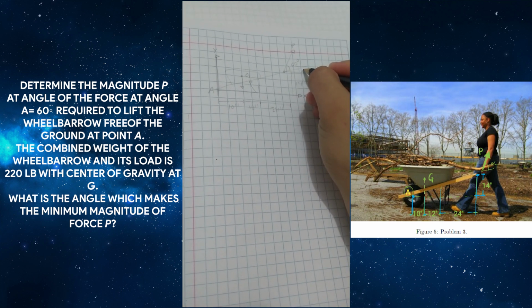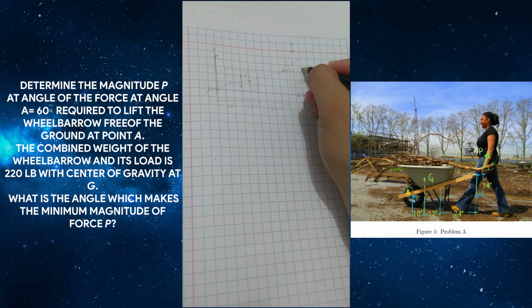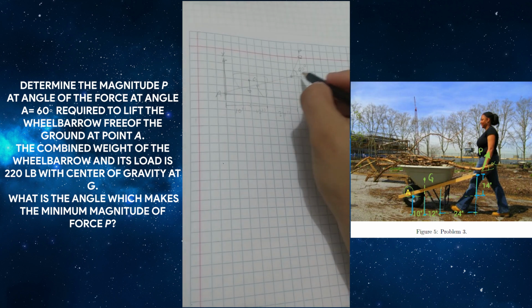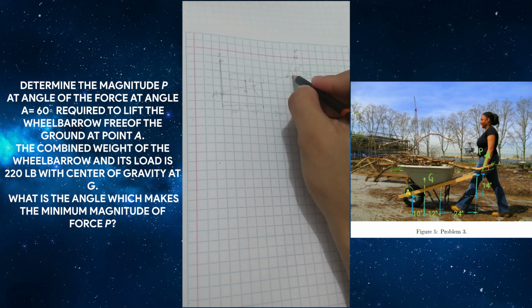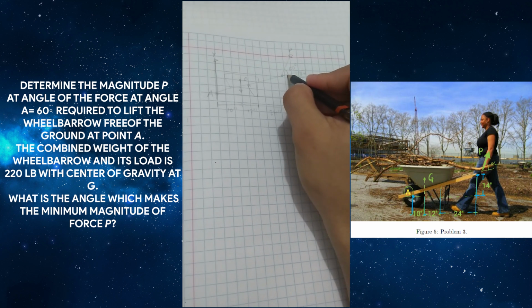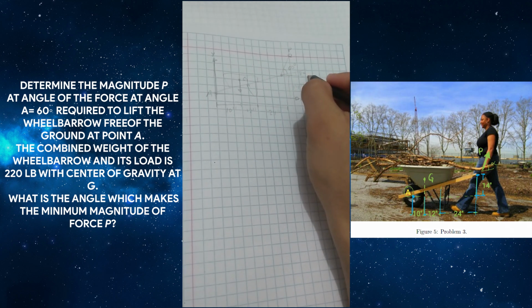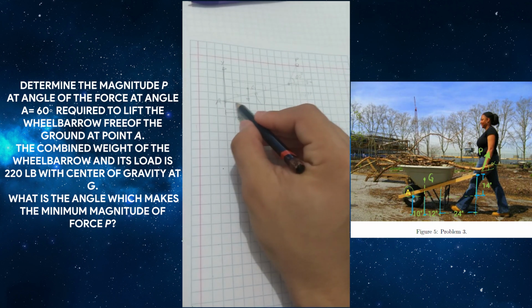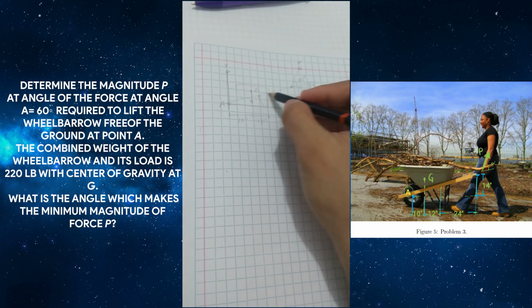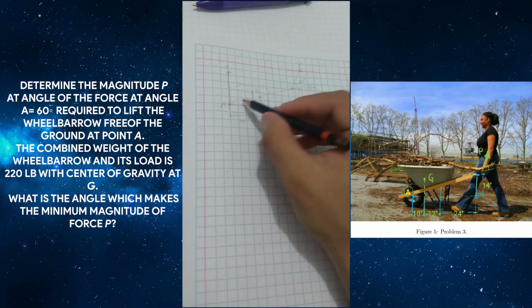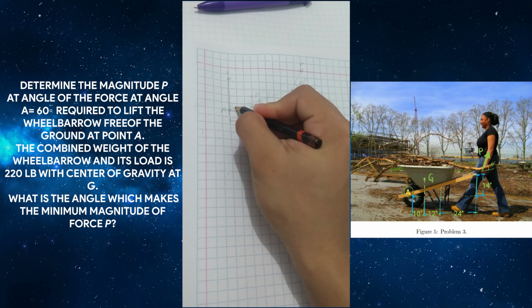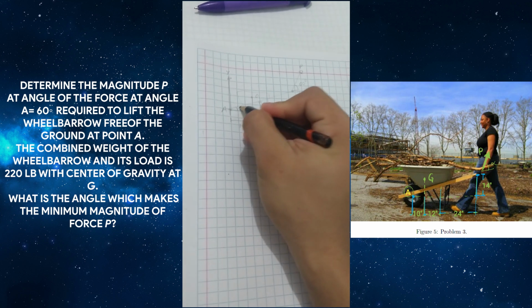I'm going to call it beta. Since this line is equal to this other one, and it follows the same line, this is the same angle beta.